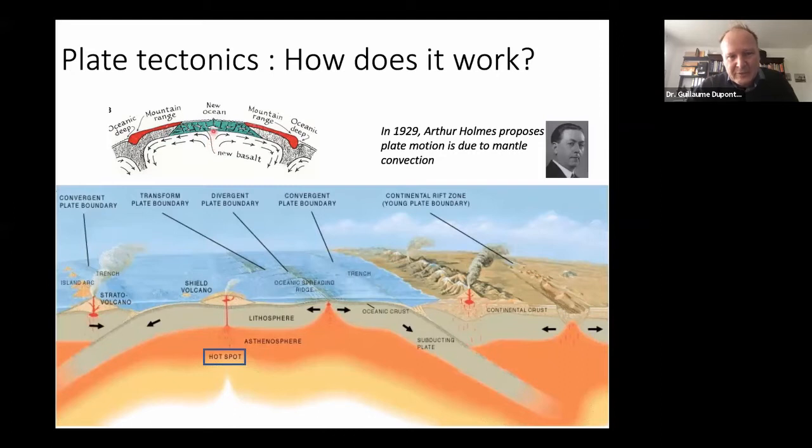And when it comes up here, it cools and forms these basalts, okay? So basaltic rocks. And then the plates are formed. So plates are the lithospheric plates. It's a part of the Earth that is a little bit harder. That's what we see here in this brown color.